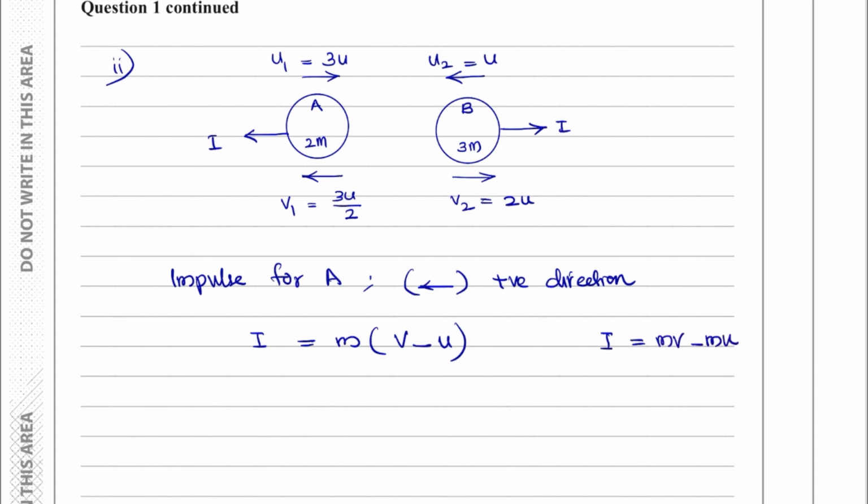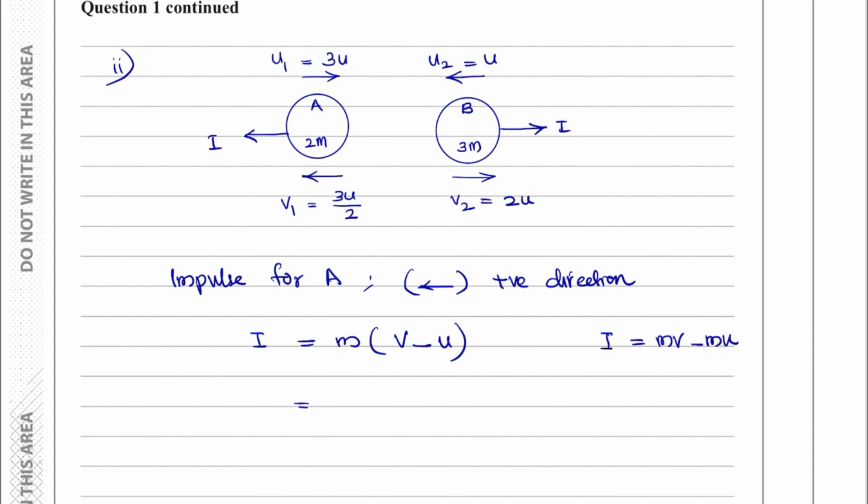That means impulse is equal to the change in momentum, which is final momentum minus initial momentum. Here we take particle A, so the mass is the same, and I can take the mass outside. So the final equation is I is equal to m into v minus u. Now we can substitute the values.